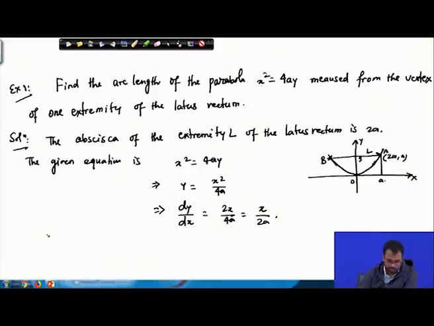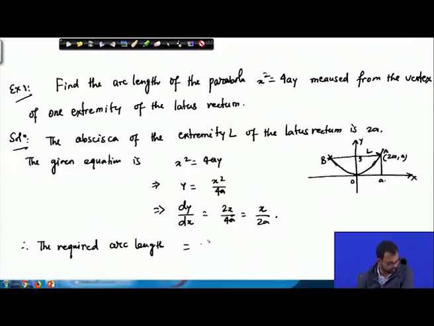So the required arc length will be from 0 to 2a.